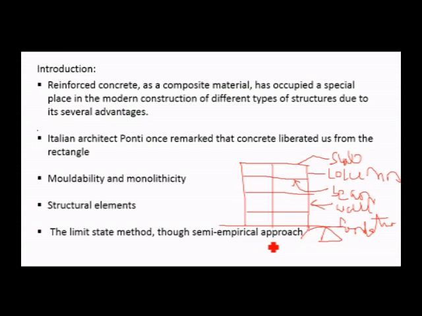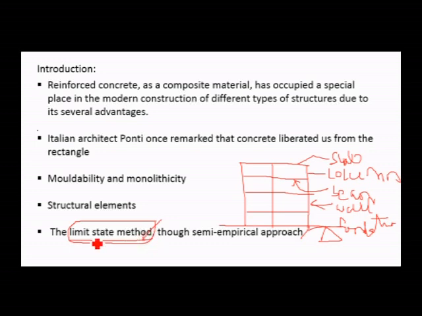Design began at the beginning of the century following a purely empirical approach, that is, the working stress method and ultimate load method were generally used. In the 20th century, after many experiments were conducted around the world, they came to know that the limit state method would be the best possible method. Thereafter came what is called rigorous elastic theory, where the levels of stress in concrete and steel are limited so that stress and deformation are taken to be linear.